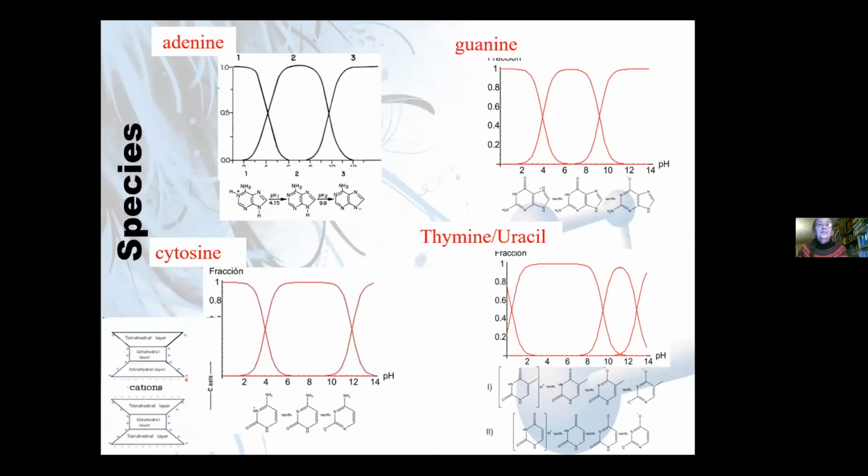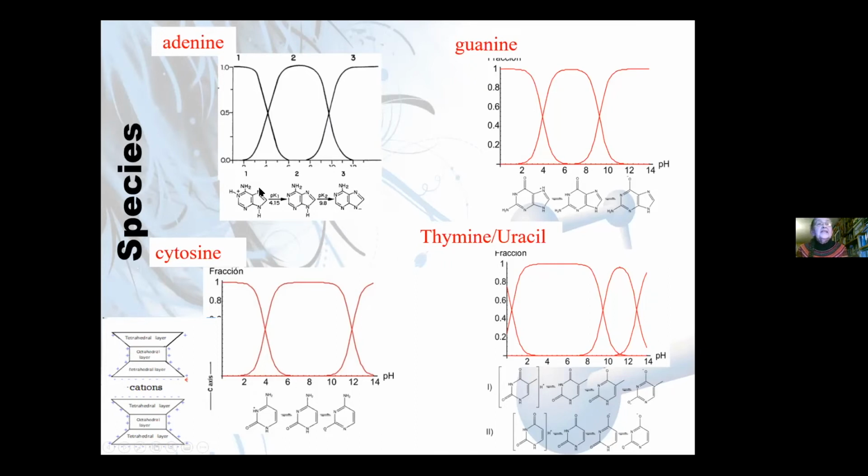So we made this speciation, and we see that according to the pH, we have different regions in which different species are dominating. For example, for adenine at acid pH, we have this cation. The same happens with guanine and cytosine, but thymine and uracil at that pH are neutral.